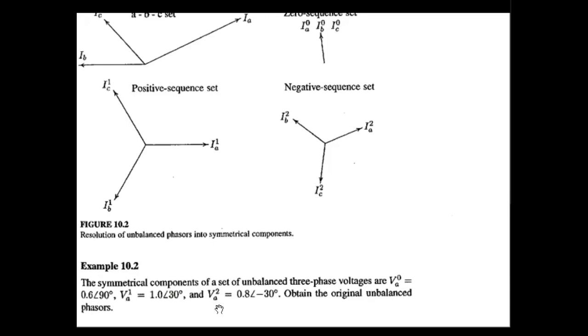Have you taken those information? VA0, VA1, VA2. VA0, yes, sir. 0.6 at 90 degree, VA1 is 1 at 30 degree, and VA2 is 0.8 at minus 30 degree.